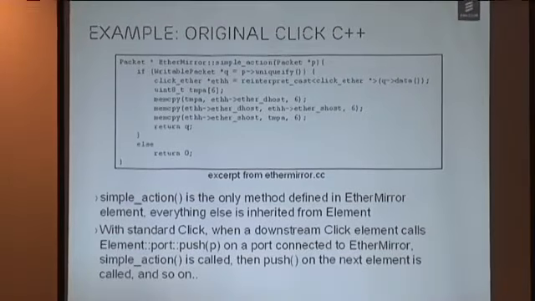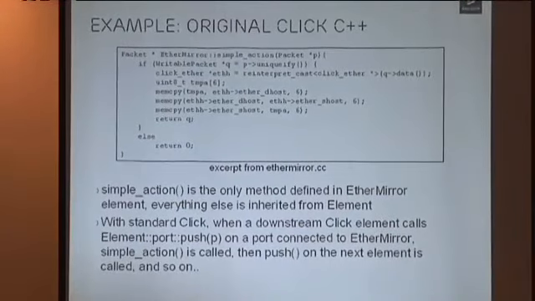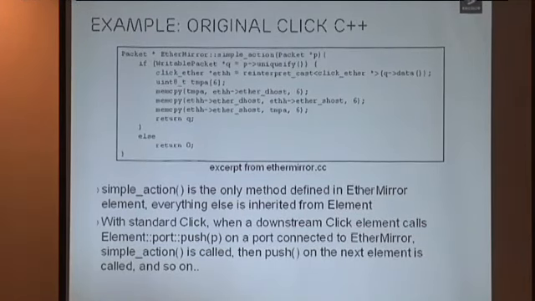There's this notion in click of push and pull, and that reflects the flow of execution through the click program. Push will call the downstream element, a virtual function call to the downstream element, and pass it a pointer. Pull will call the upstream element, and simple action can do either push or pull.